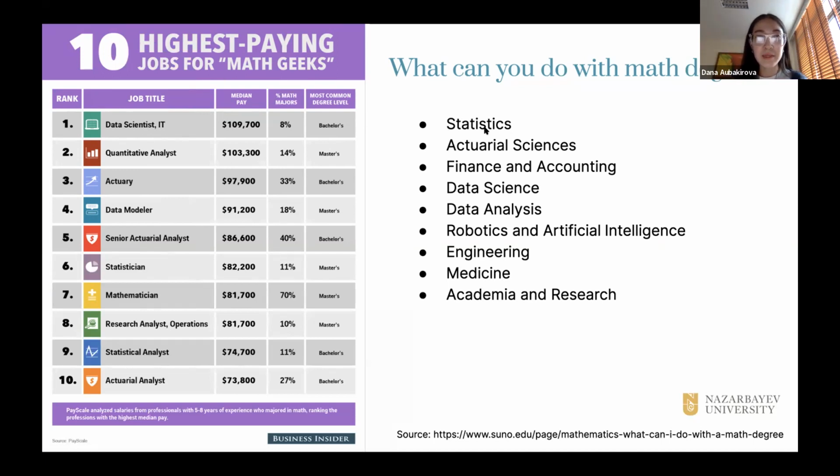For example, you can be a statistician or actuarial scientist, which will allow you to work at life insurance or any insurance companies, and also finance and accounting, data science, which is really popular among math majors currently, and also data analysis, robotics and artificial intelligence. Less popular ones are engineering and medicine, because for those you probably will need to pursue a master's after a bachelor's in math and acquire some additional knowledge in order to work in these fields. And also it is very popular to pursue graduate studies after receiving a bachelor's in math.